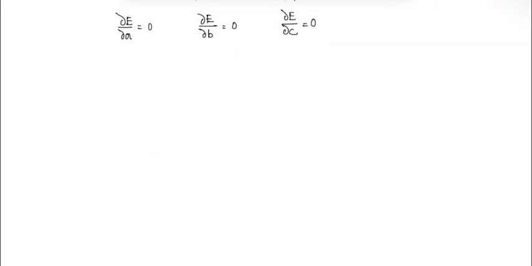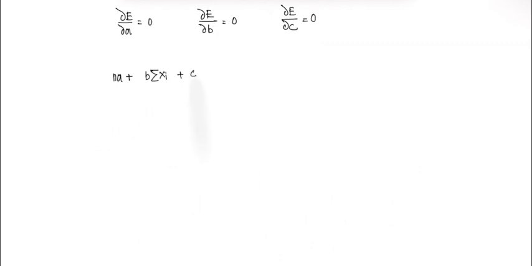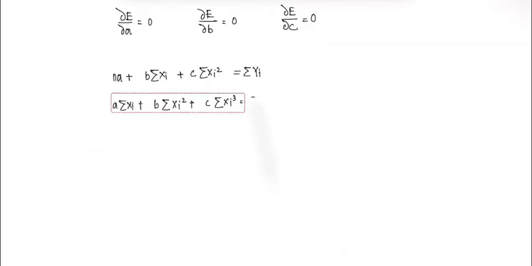So by solving, we are getting these three equations: na plus b sum of xi plus c sum of xi square equals sum of yi; a sum of xi plus b sum of xi square plus c sum of xi cube equals sum of xi yi.